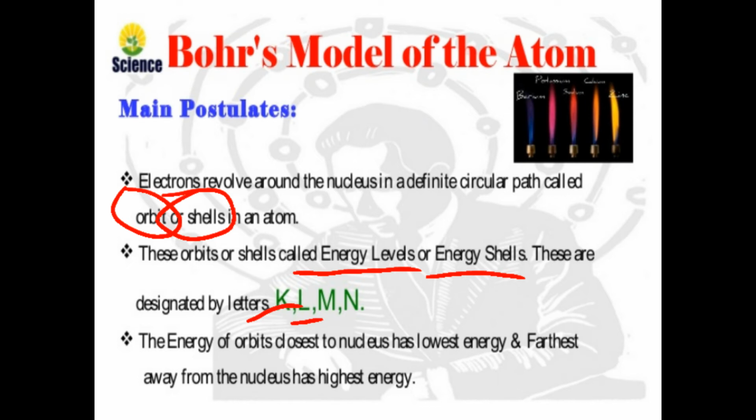He said the energy of these orbits increases as the number of shells increases. Like, the energy of the orbit or shell which is closest to the nucleus is lowest. And as we move away from the nucleus, the energy of the electron increases.